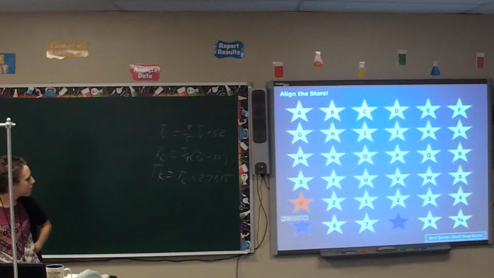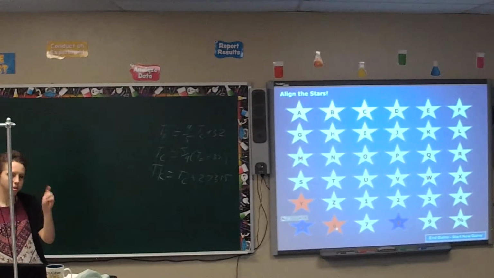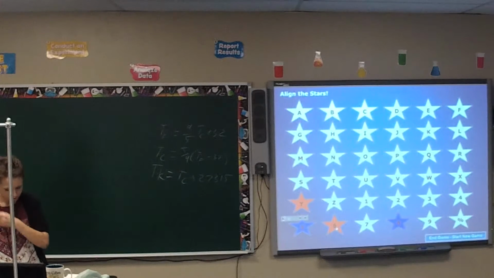Let me go for 6. Alright, we're going to skip over 6 because I think you've got it for right now. Alright, what is the energy of motion? Kinetic energy. Good job.